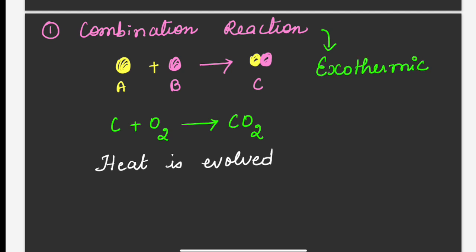What is the meaning of exothermic? Exo means giving out, and thermic means heat. So heat is given out. So such reactions are called combination reaction.